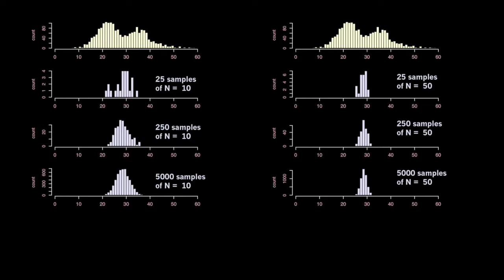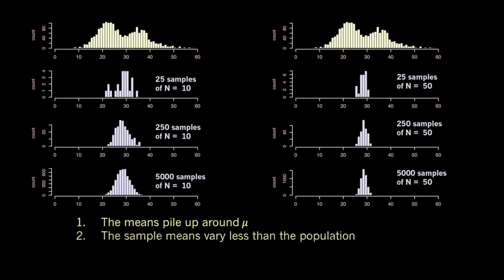Okay? So this is an important result, and we can summarize it in the following way. First, the means, when you take samples from a population, pile up around mu. Mu is the Greek letter that we're going to use to talk about the population mean. In this case, it's 28.66. Second, the sample means vary less than the population.